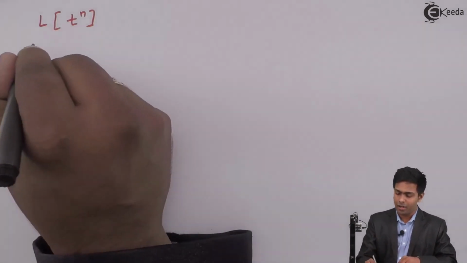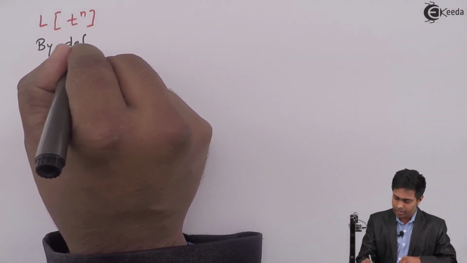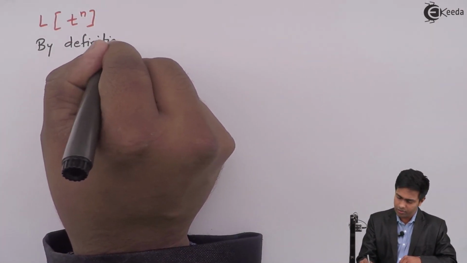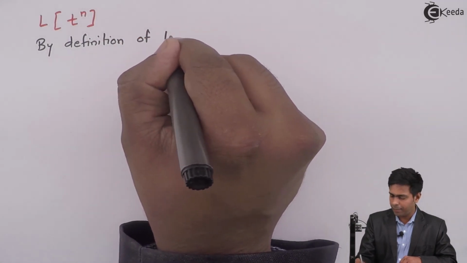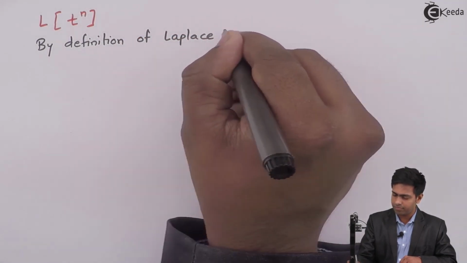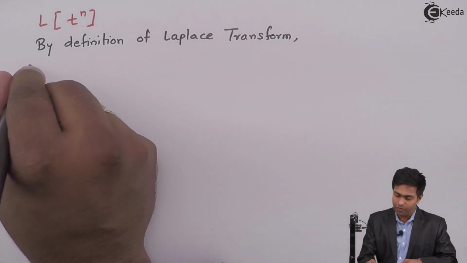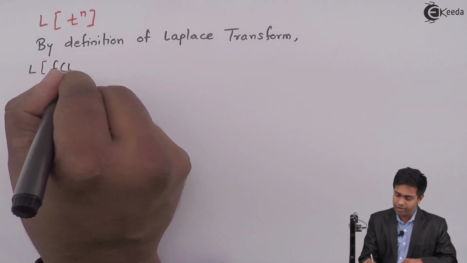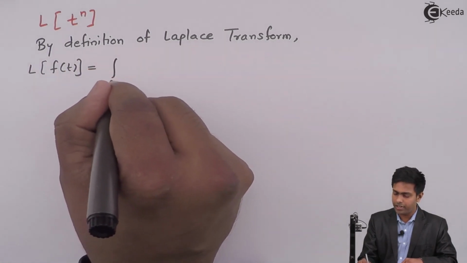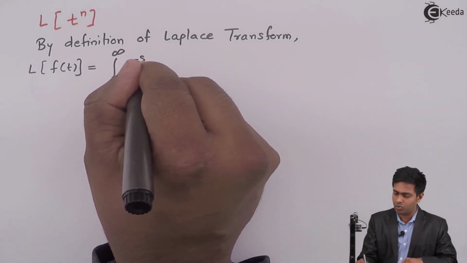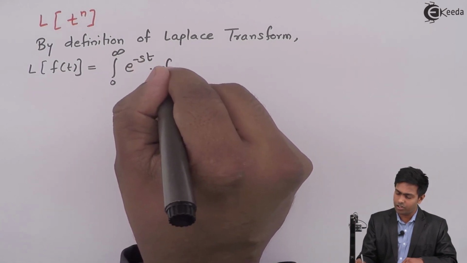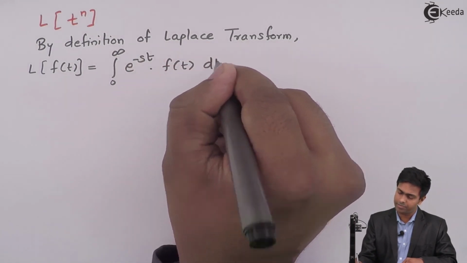So let's see the definition. By the definition of Laplace transform, we have Laplace of function of t is equal to integration 0 to infinity e raised to minus st into function of t with respect to t.